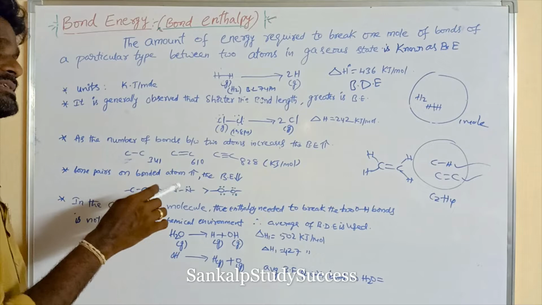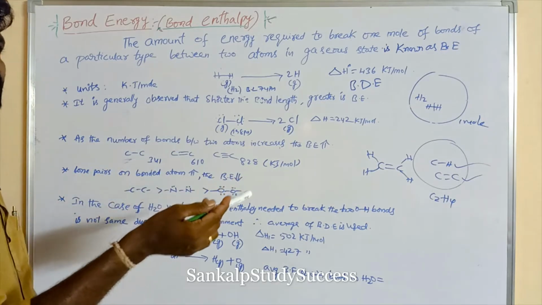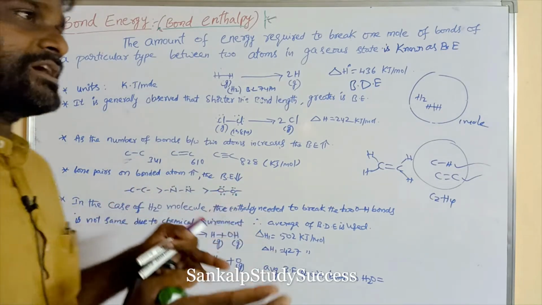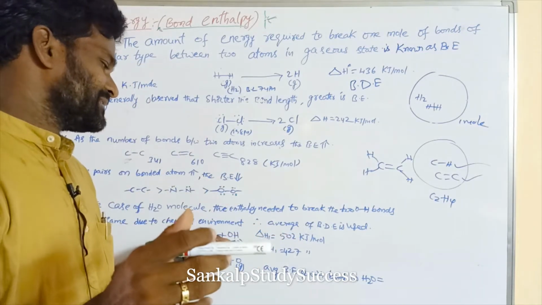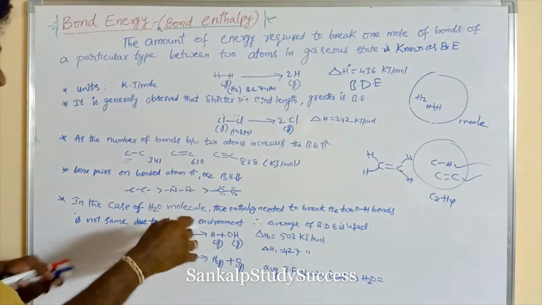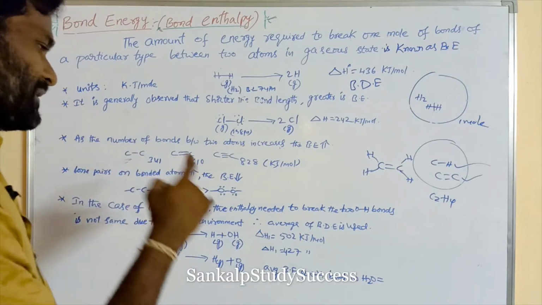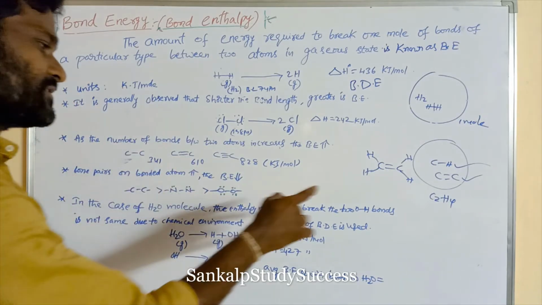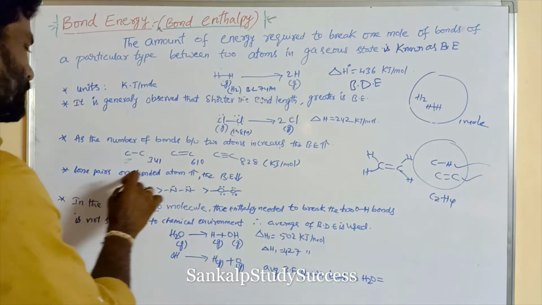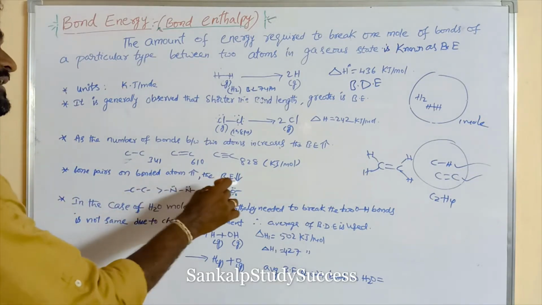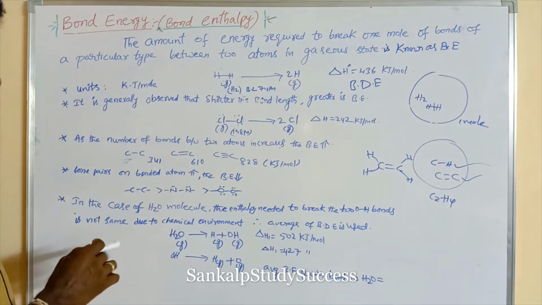If the lone pairs on bonded atoms increase, the repulsive force on bonded atoms also increases. Finally, bond length increases, and its bond dissociation energy decreases. So when lone pairs on bonded atoms increase, the bond energy decreases.